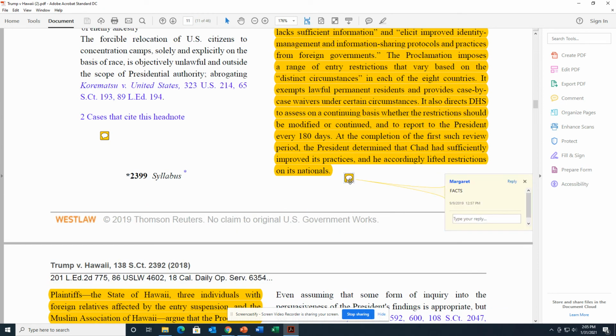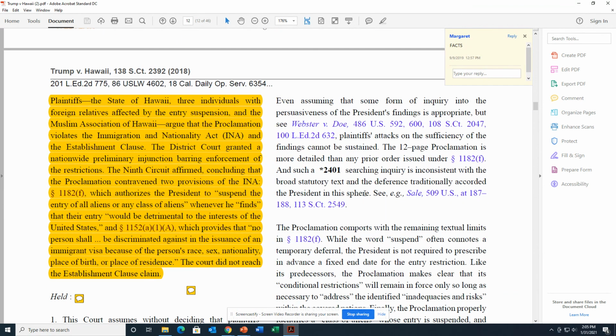Okay, then we get to the point where we have our facts. Three individuals with foreign relatives were affected by a suspension, and they argued that the proclamation violates the Immigration and Nationality Act. And so that's kind of your facts.